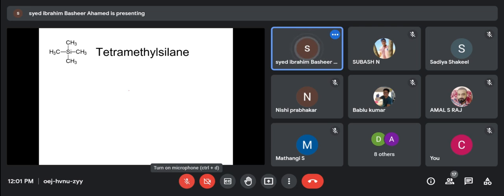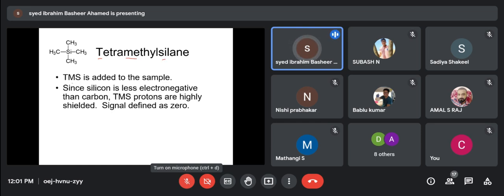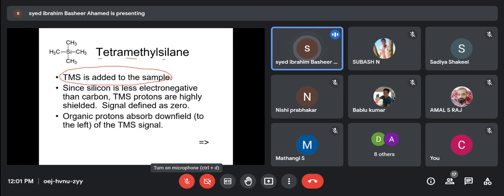So now you can see here, this is tetramethylsilane, TMS. So generally it's called TMS. Okay. So TMS is added to the sample. So whenever you want to take NMR, you will add TMS to the solution.